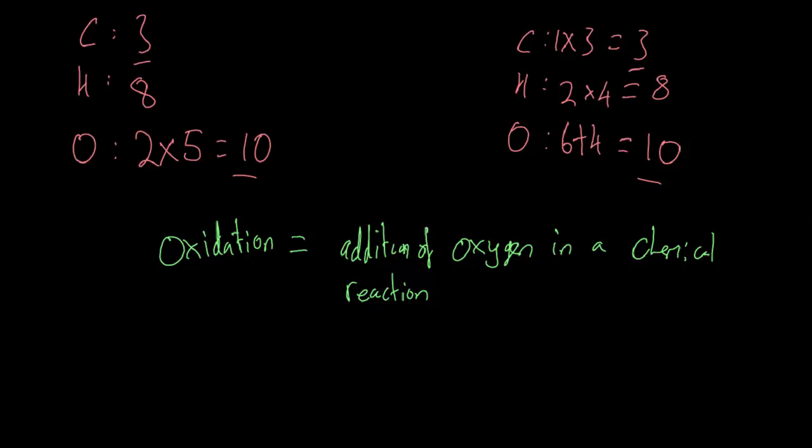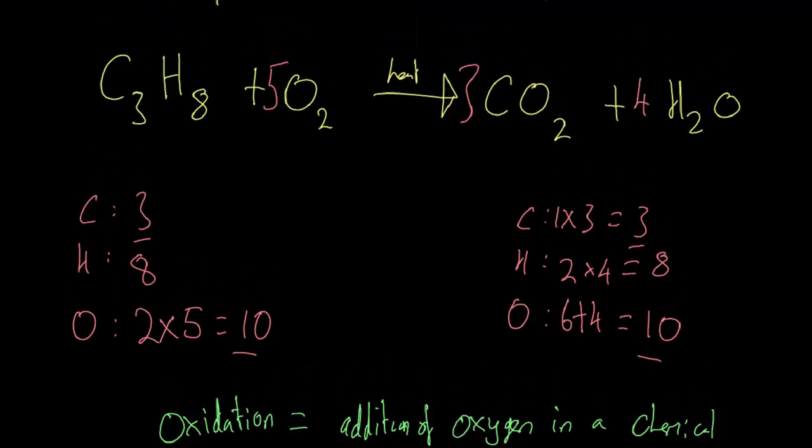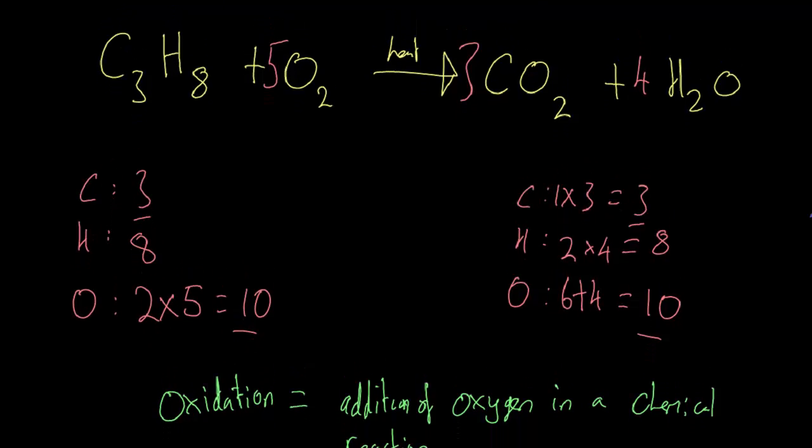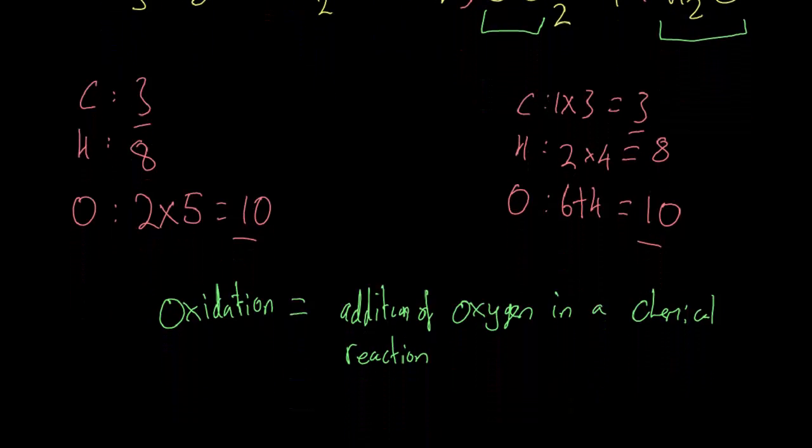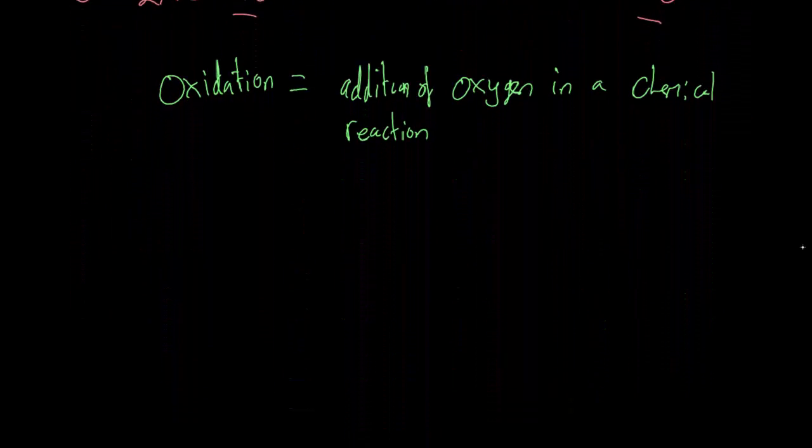And important to note, we can talk about carbon and hydrogen being oxidized in this case, because carbon and hydrogen here are not bound to any oxygens. We add oxygen, and now in the products, carbon is bound to an oxygen, and so is the hydrogen. So both the carbon and the hydrogen during this combustion have been oxidized.